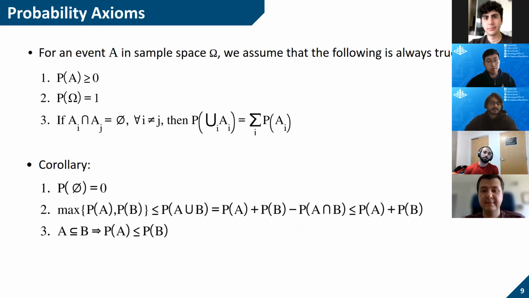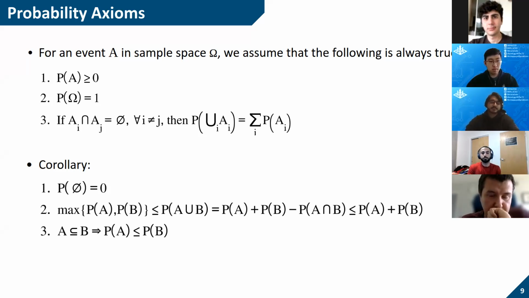The probability of the sample space is 1, because something always happens at the end of the day. And for a bunch of mutually exclusive events, the probability of their union is equal to the sum of their probabilities.